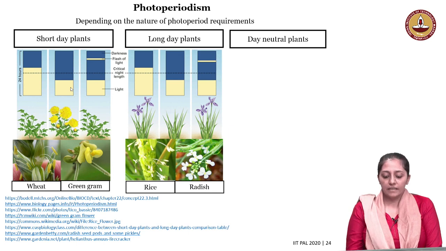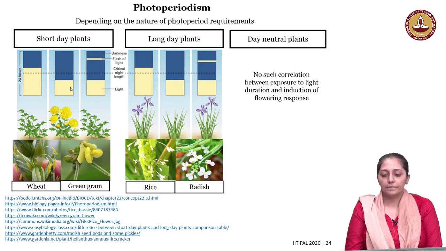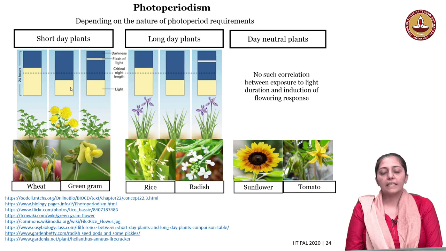Again, even in the non-illuminated period, a flash of light may also induce flowering. And in day neutral plants, no particular correlation is observed between the exposure to light duration and the induction of flowering response, like in the case of sunflower or tomato.